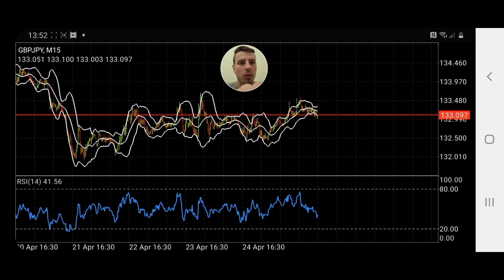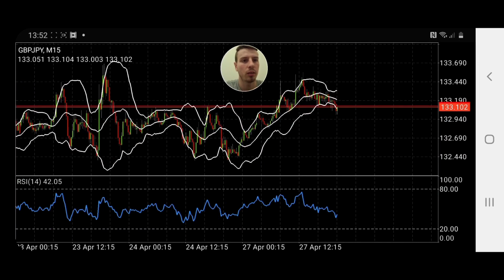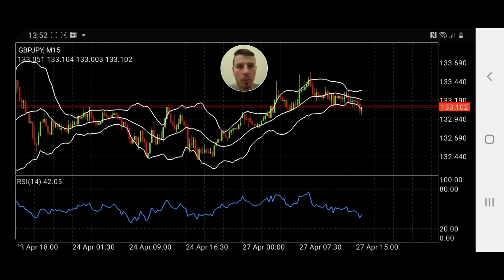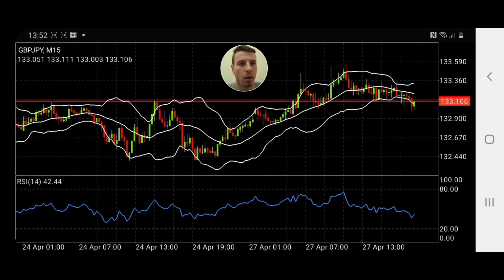So if we take a deeper look and we zoom in, and we're on the 15-minute chart now. Zoom in here. We can see that the price is actually staying above. Recently, the price has stayed above the moving average line, and every time it's touched the upper Bollinger Band, it's deflected it. It's used it as a bit of a resistance quite well actually.